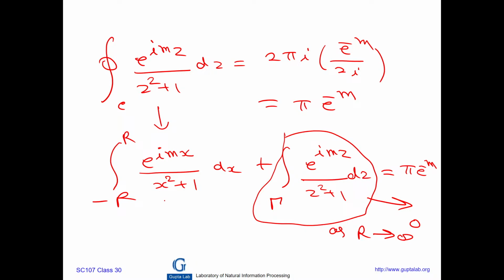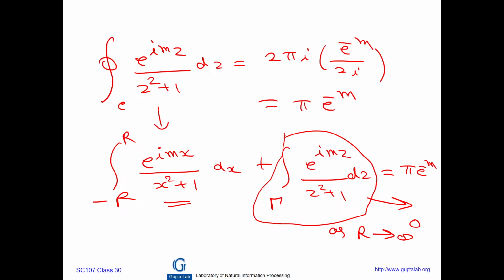So we are left with, again, an even function actually, so I can break it into two times the integral. We have minus infinity to plus infinity, or minus r to r.